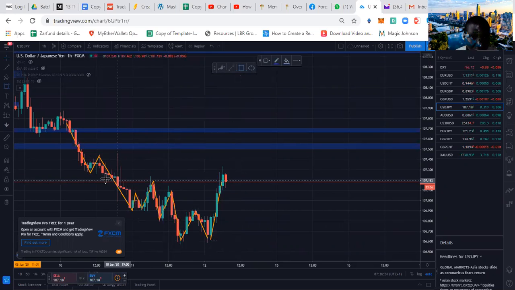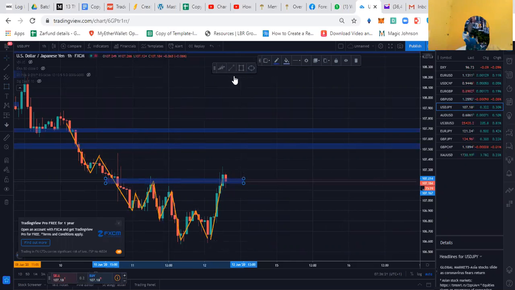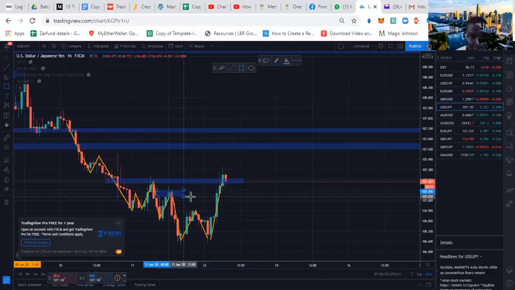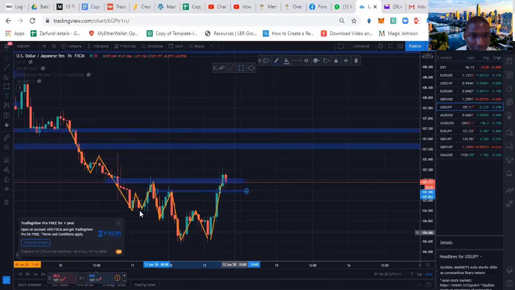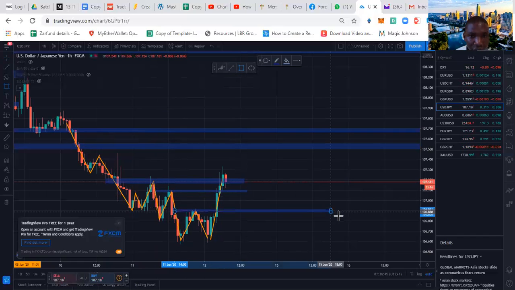We had a structure here, another structure here, and yet another structure here.